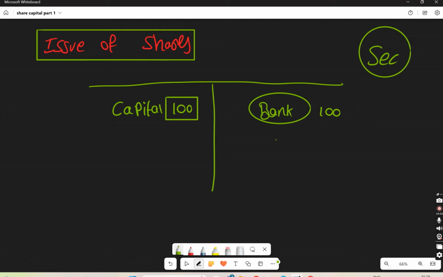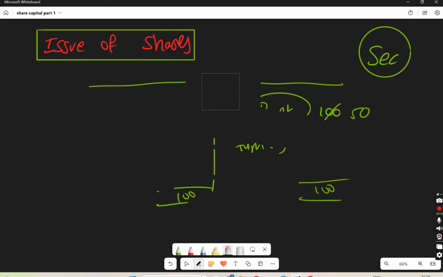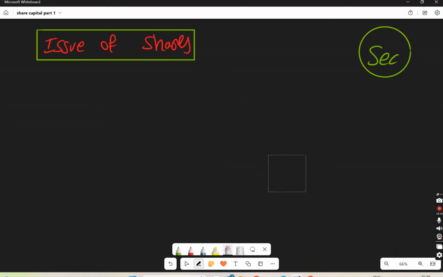I'm going to buy assets. Let's say I buy furniture for 50 rupees. Then my bank balance will become 50. This is how the balance sheet will look. So we will issue shares to raise the capital. The ultimate entry will be: bank account debit to share capital account.